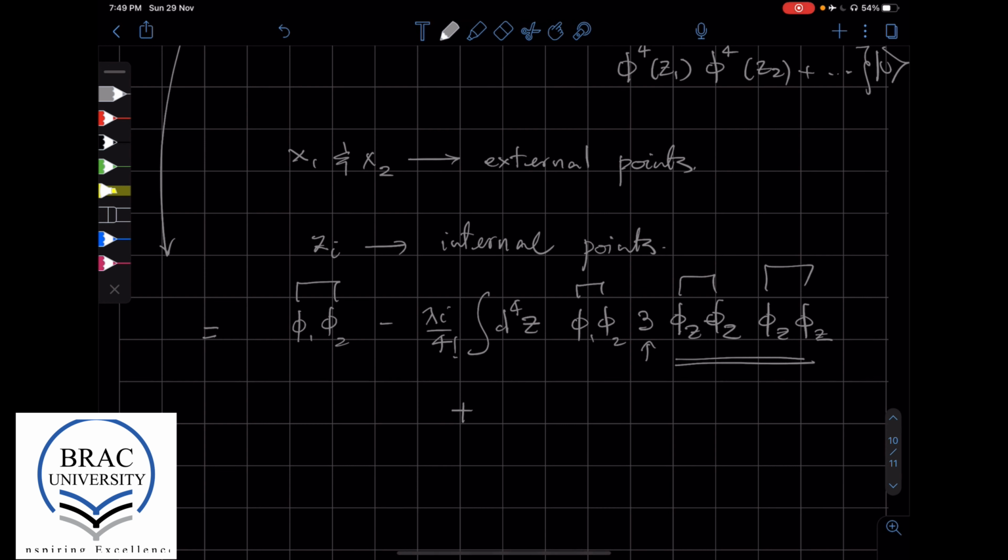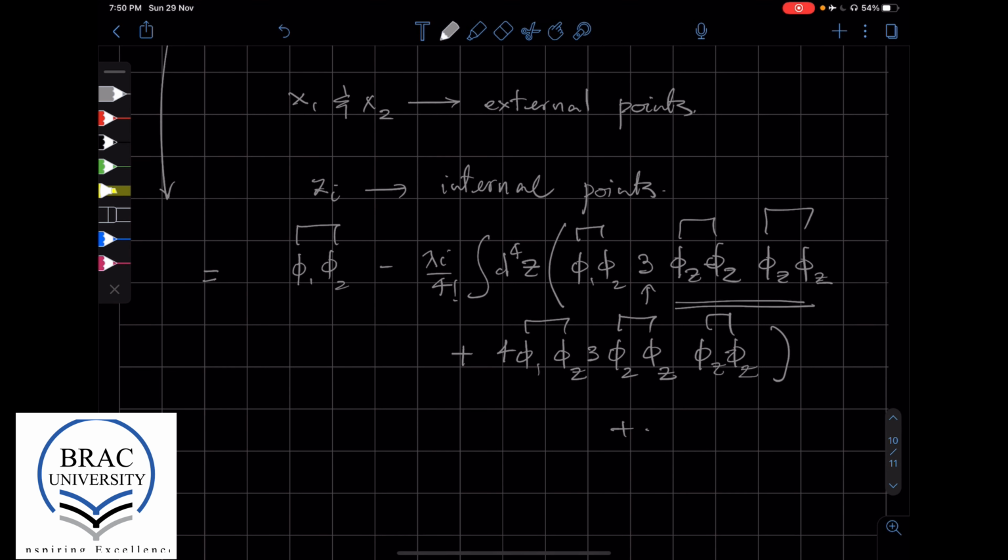And then we also have another term of the same order in which phi1 contracts with one of the phi z's, and that can happen in 4 different ways. And then phi2 can contract with one of the remaining phi z's, and that can happen in 3 different ways, and then the rest of the phi z's contract with each other. And then we'll have higher order terms.